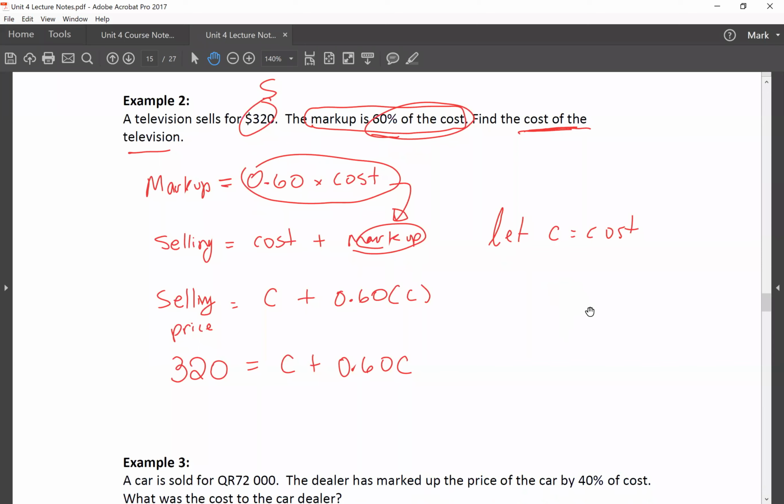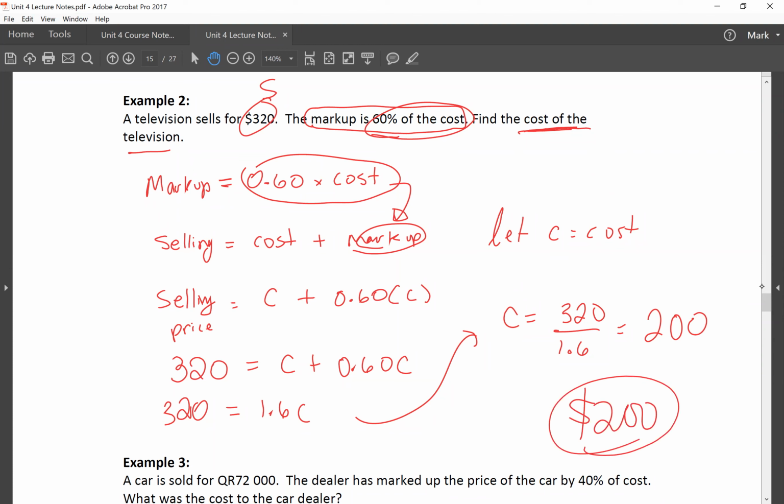You guys don't need to write all this, but I'm just going to solve for C. So 320 equals 1.6 C. So C would be 320 over 1.6, and you would get $200. That's it. Again, I wrote a lot there. You don't need to write everything there. Little bit challenging, meaning I had to use a bit of algebra here.